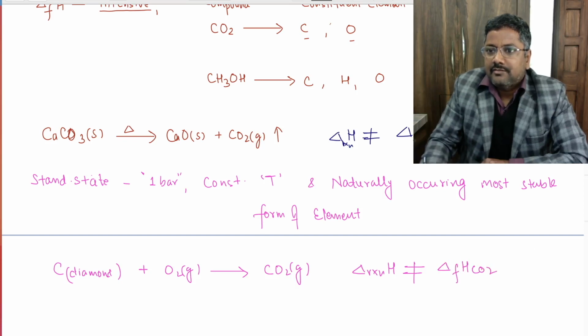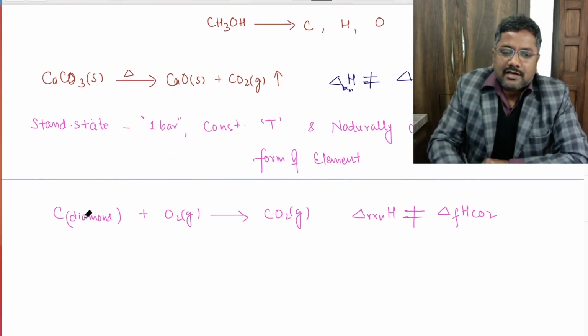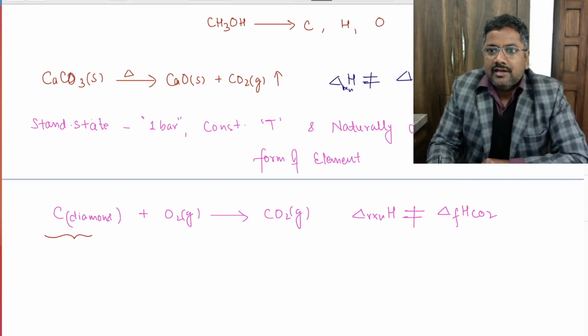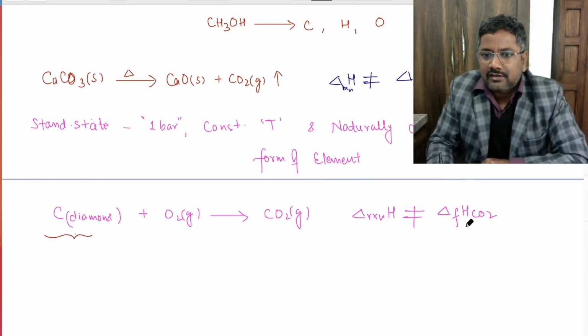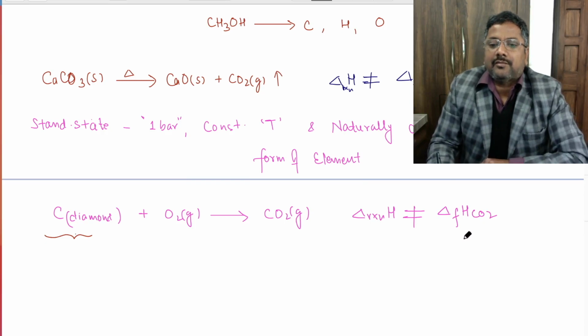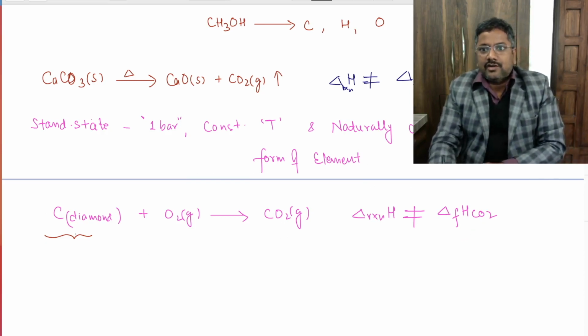Why? Because here carbon is the constituent element, naturally occurring, but this is not the most stable form of carbon. Whatever heat is changing in this reaction, you cannot say it is the enthalpy of formation of carbon dioxide, right? So, naturally occurring most stable form of element.